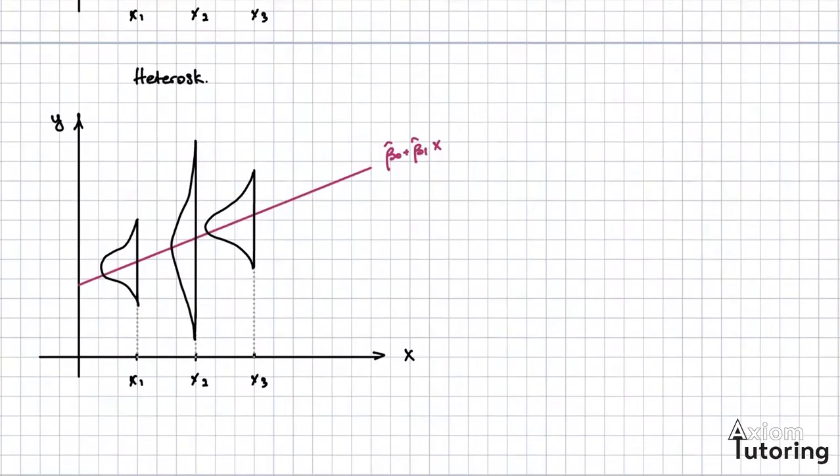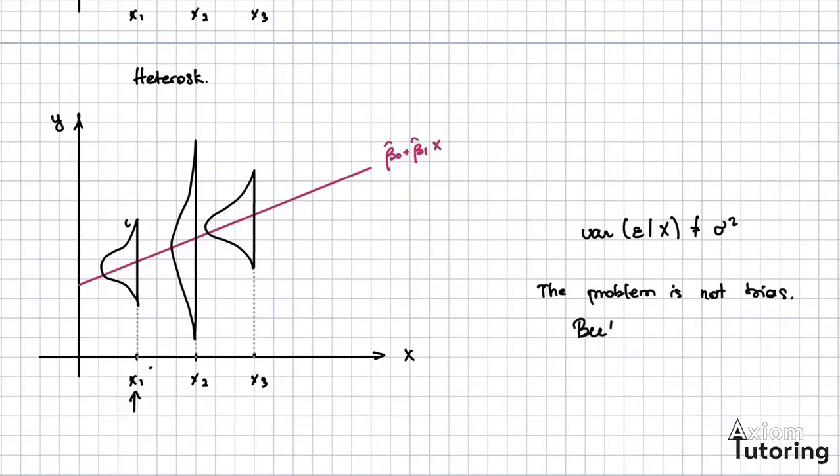In this particular instance, the conditional variance is not going to be sigma squared, because obviously when x has a value of x1, we've got a different distribution here, and when we've got x2, a different distribution, and x3 exactly the same. So keep in mind, the problem that is created through this is not bias, but precision.